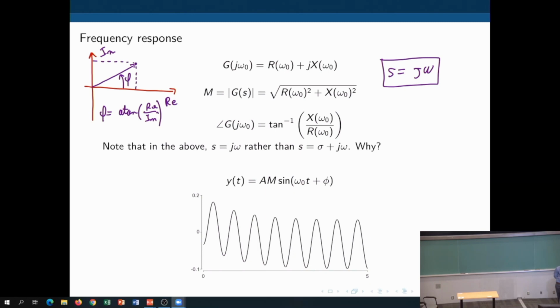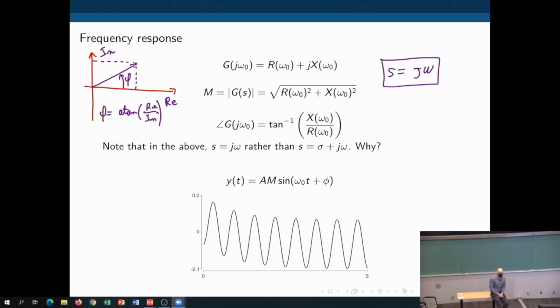But then you may say, hold on, isn't S sigma plus j omega? I've been telling you since the beginning that S is sigma plus j omega. What happened to sigma? Any ideas why we don't use sigma anymore? Any guesses?